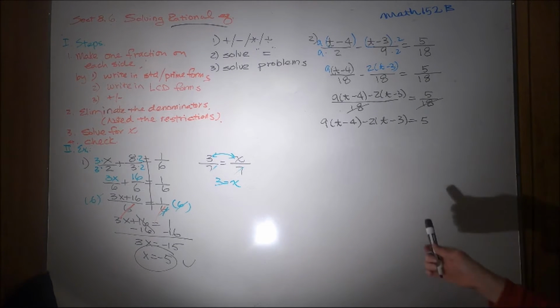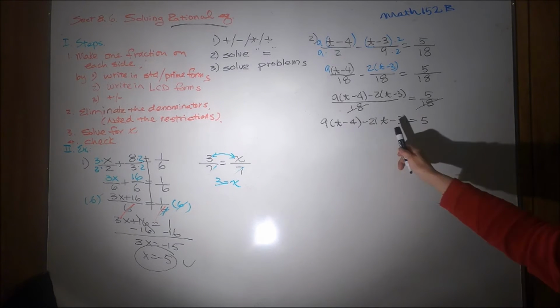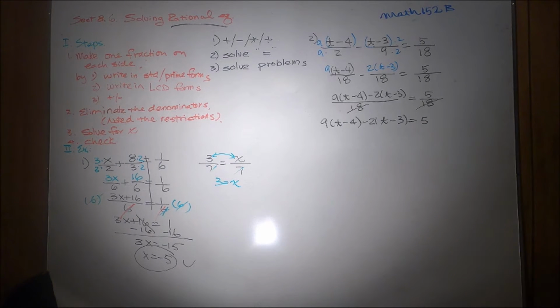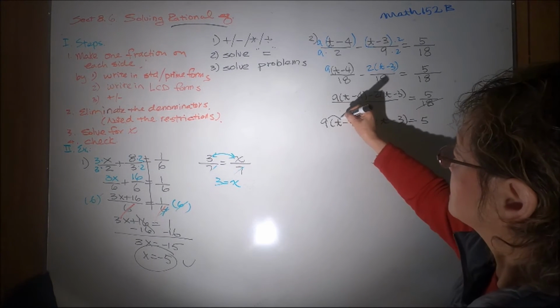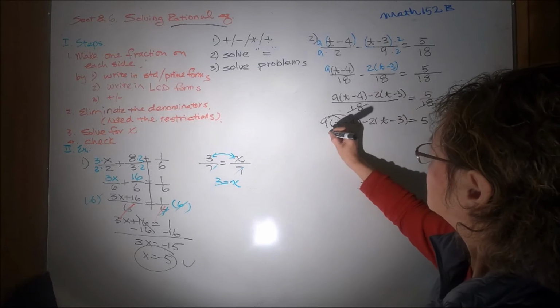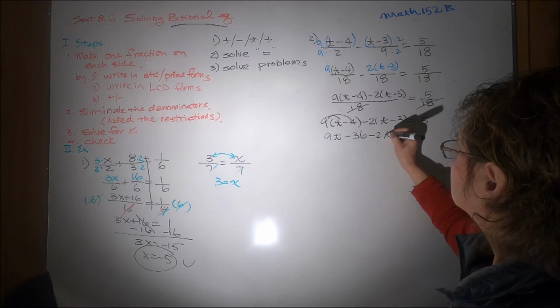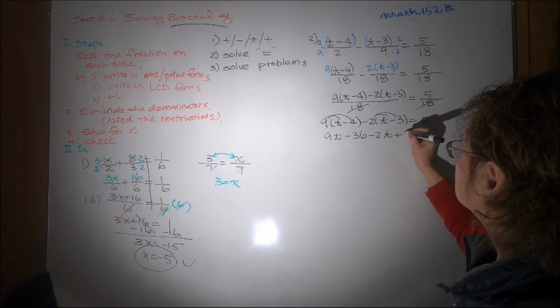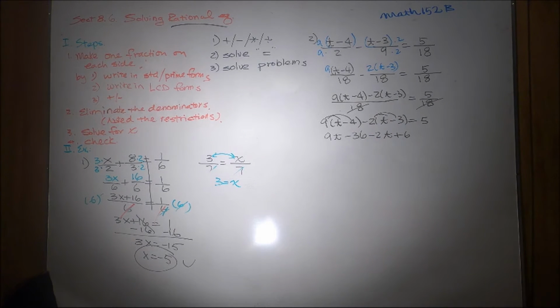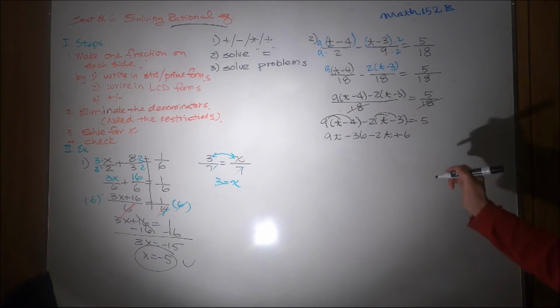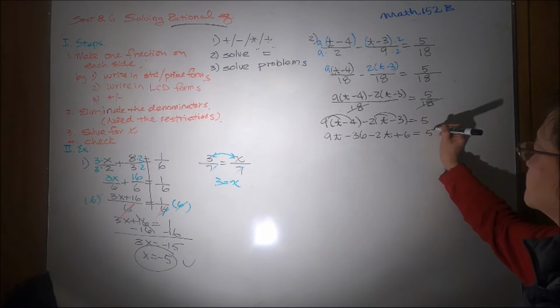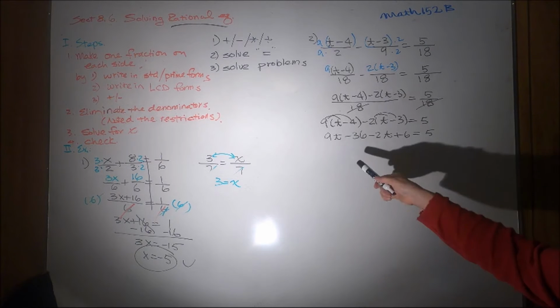Then you can decide, is this linear or quadratic? So let's take a look. For this one, it's linear. So we just combine the like terms and take care of your signs as well, by distributing.